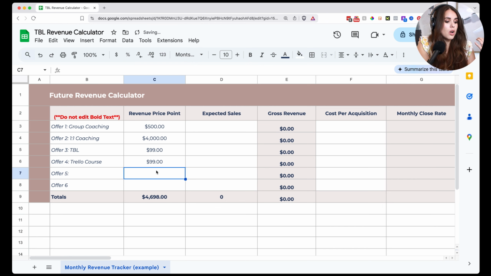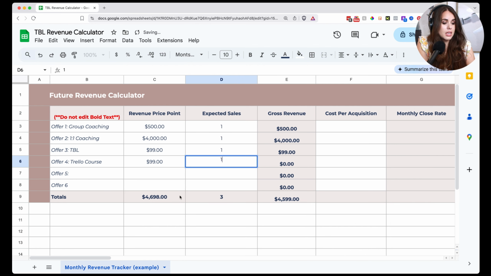So you want to add all of your core offers. This doesn't have to include every single one of your products, but the main ones, the ones that you want to be selling every single month. And from here, we want to figure out how much you actually want to make. So if I just sell one of these individually every single month, this is going to be the revenue that I'm projected to make.